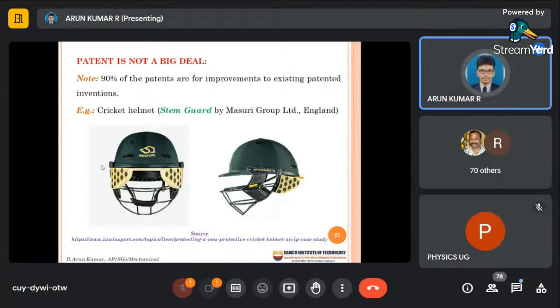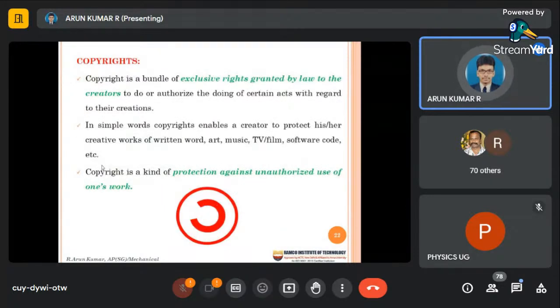One is novelty, second one is inventive step, and third one is industrial applicability. And the duration for patent protection is 20 years from the date of filing. Once again, I'm stressing here, from the date of filing, not from the date of grant. It may take 4 years or 5 years, but still your grant period will be calculated from the date you have filed. So that is what patent is all about.